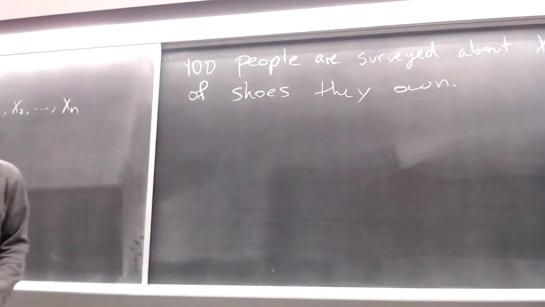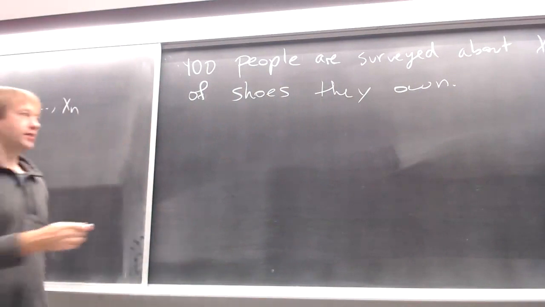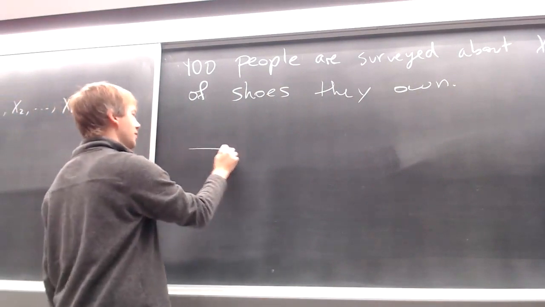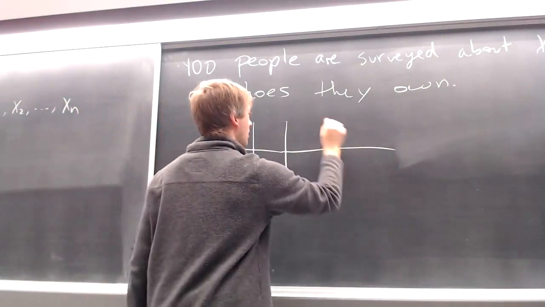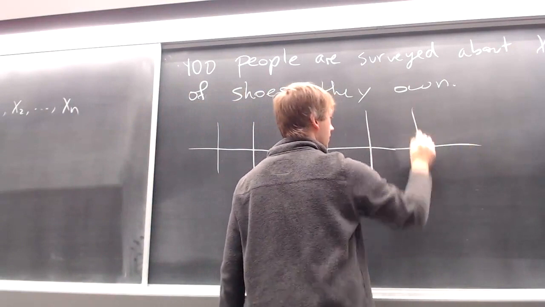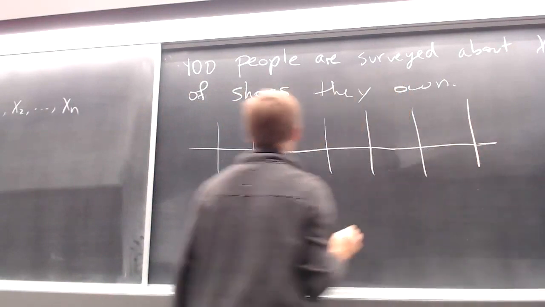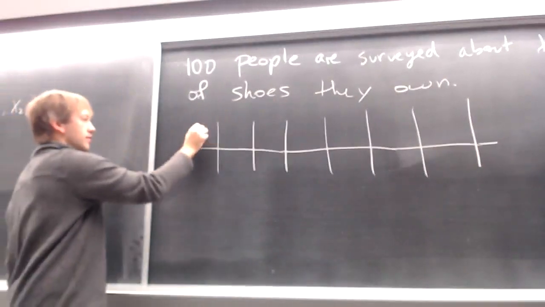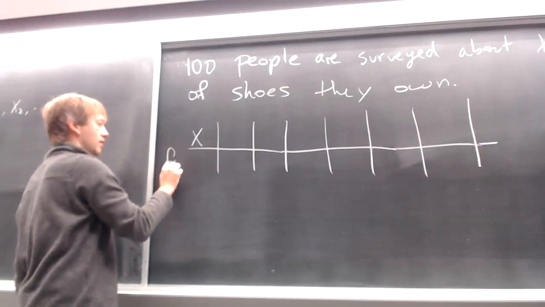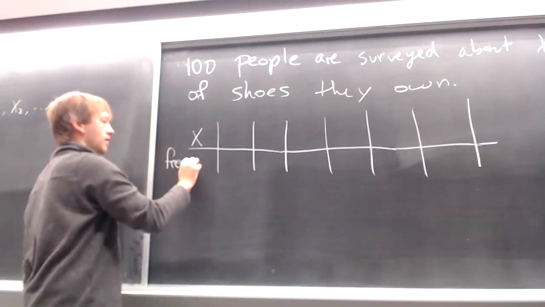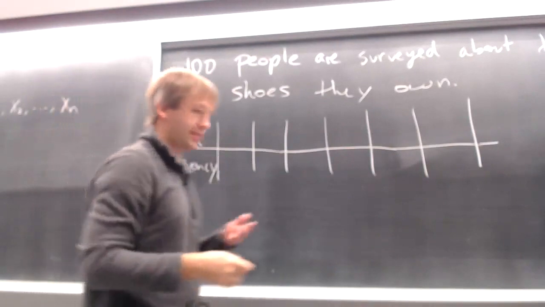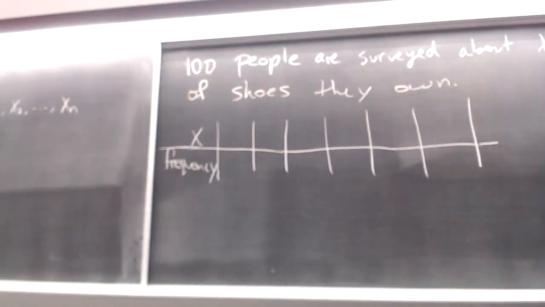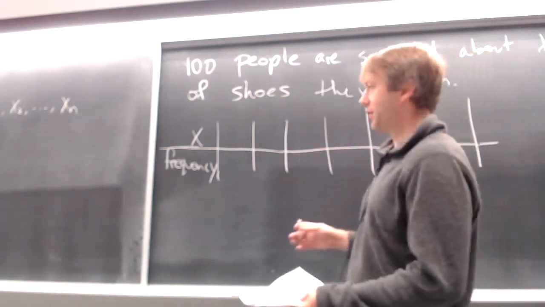Okay. And let's say that the data that you get is as follows. So okay, let's say X is the number of shoes that a given person owns, and each number has a certain frequency.